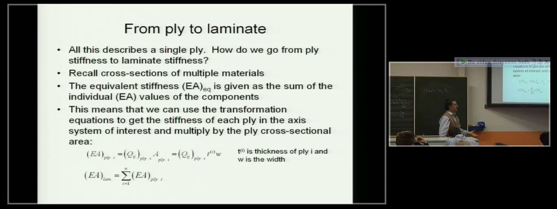Okay, now we are ready to build up and create a whole laminate and put all these plies together. What I'm interested in is if I put them all together and I apply a force, let's say a tensile force first, I need to know what is the equivalent stiffness of that structure. So I have a laminate which consists of different layers.